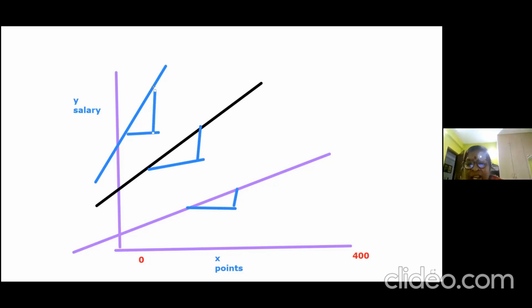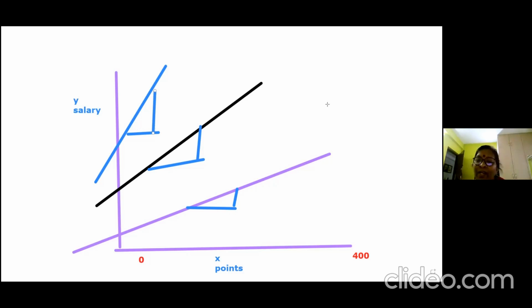For every increase of one point of x, which is a job point, how much is y, the salary, increasing? That is called your slope. Are you with me, guys? If your pay line is slanting like this, the slope value will be less. But for this blue line here, the slope value will be higher.